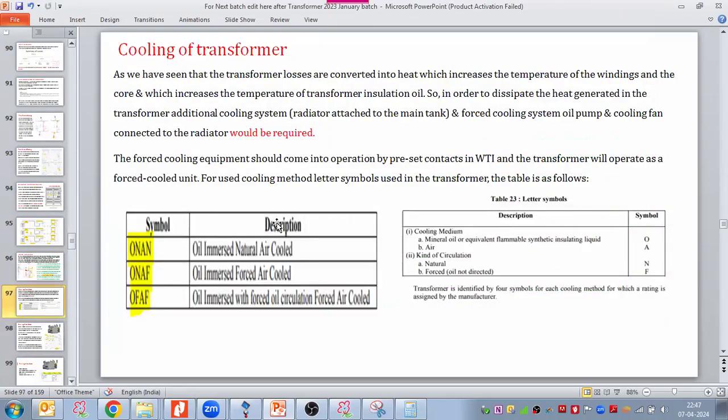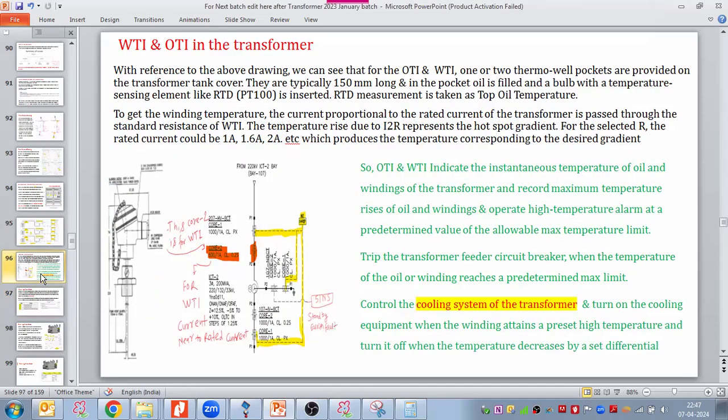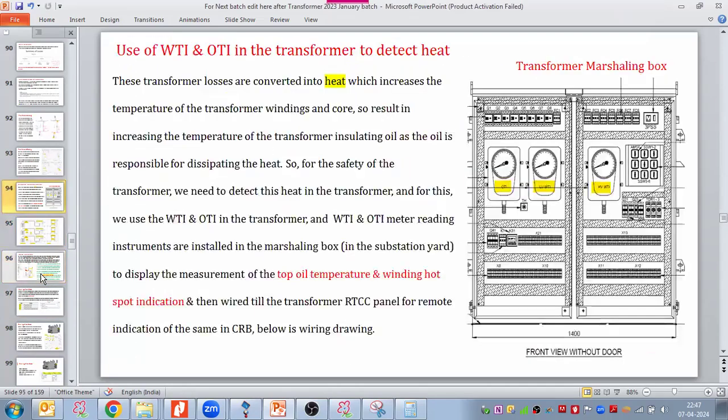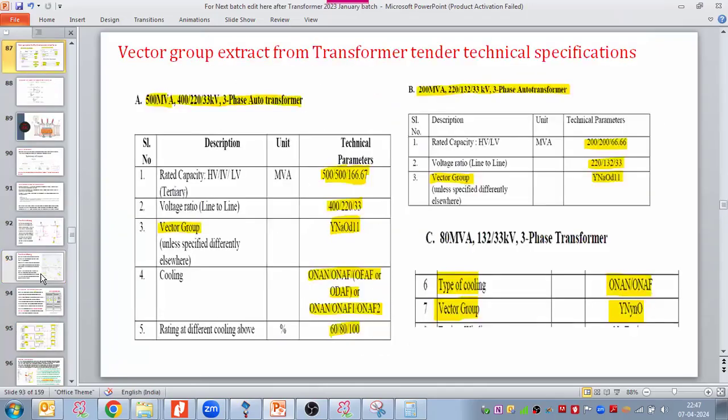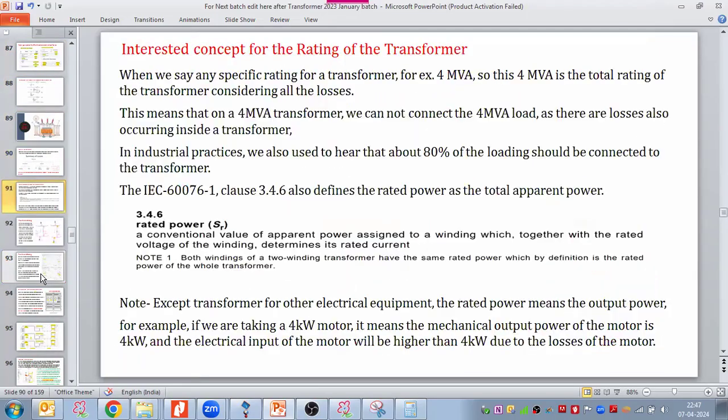So let us see that. As well, we have seen the transformer. Before coming to the cooling, am I clear why we use the WTI and OTI? We discussed the losses.